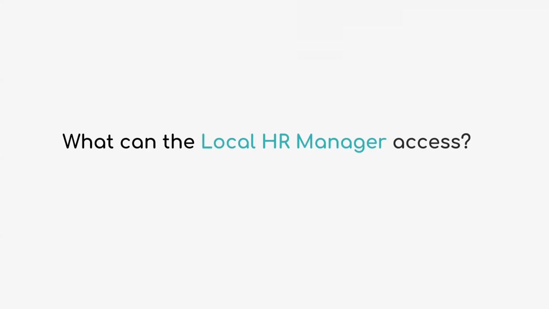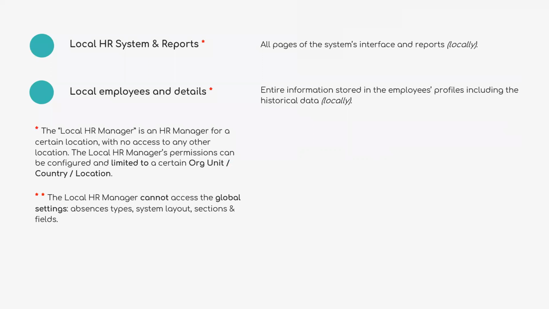Going further, what can the local HR manager access inside of the system? So, the local HR manager in general is a role that is created when you need an HR manager for a particular location. So, for example, you've got several offices in several countries and you need an HR manager for each of those countries.